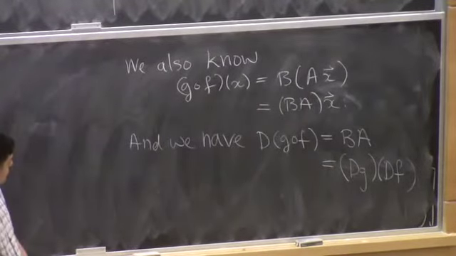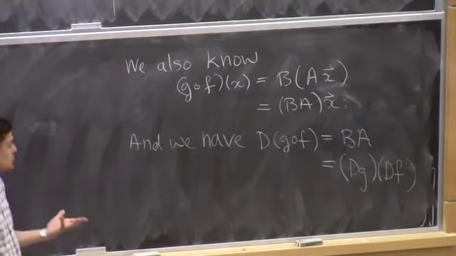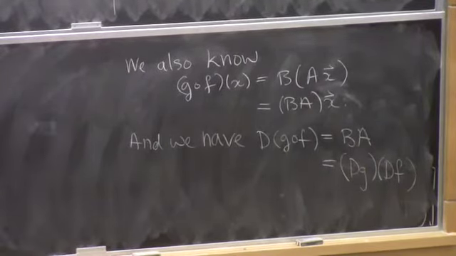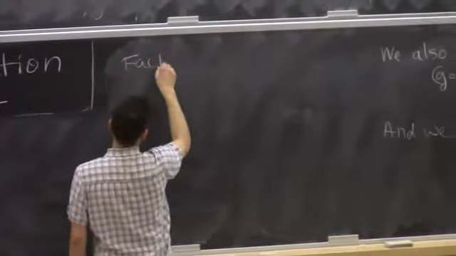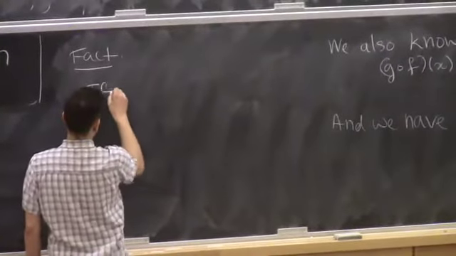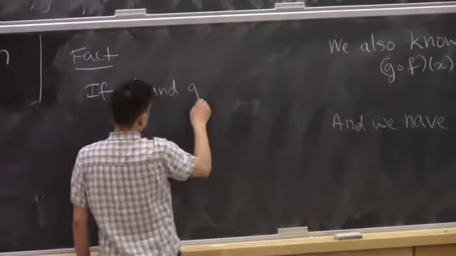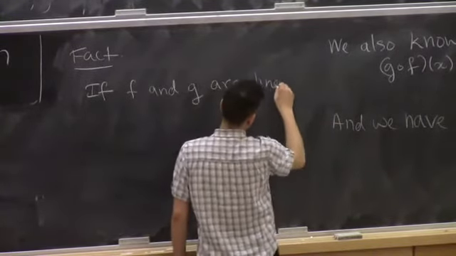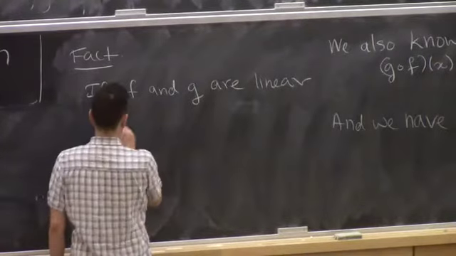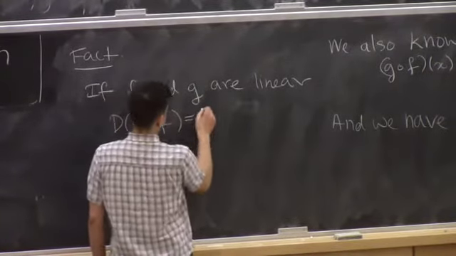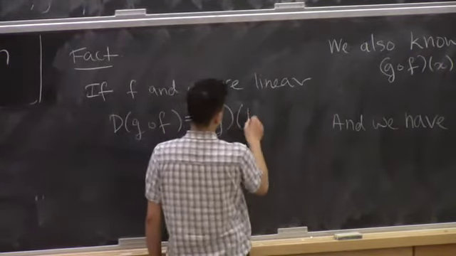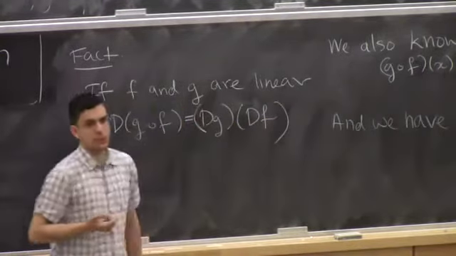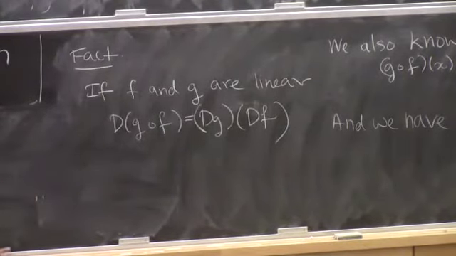So our statement for linear maps, we get the following thing. So that's an example-free introduction to the multivariable chain rule. We'll do more of this next week.